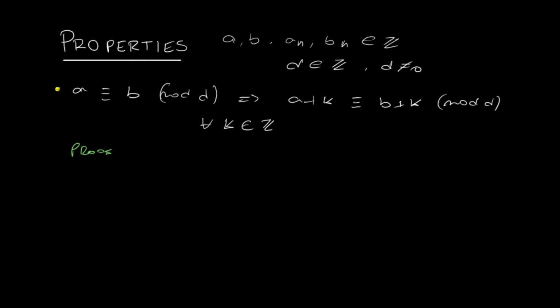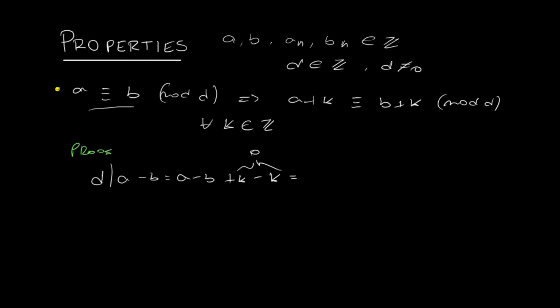Well, let's start with this side. This is our hypothesis. So we know that a and b are congruent modulo d. So d divides a minus b. And we can write a minus b as a minus b plus k minus k, because this is 0.